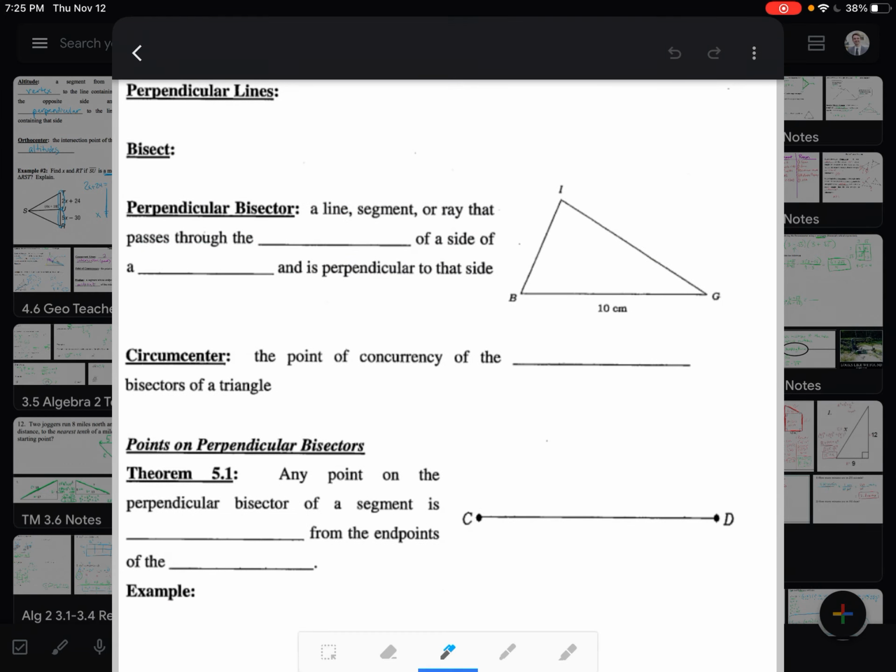All right, finally, our last one here, a couple quick definitions. So perpendicular lines, a quick reminder, this just means lines that intersect at a 90-degree angle. And bisector means when we split an angle or a line into equal parts.